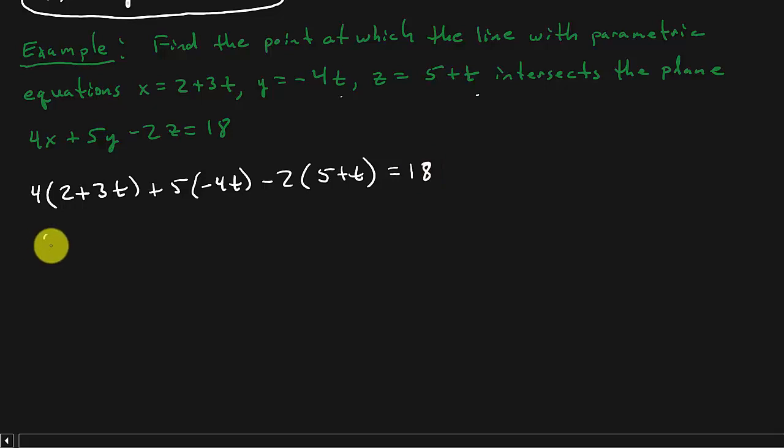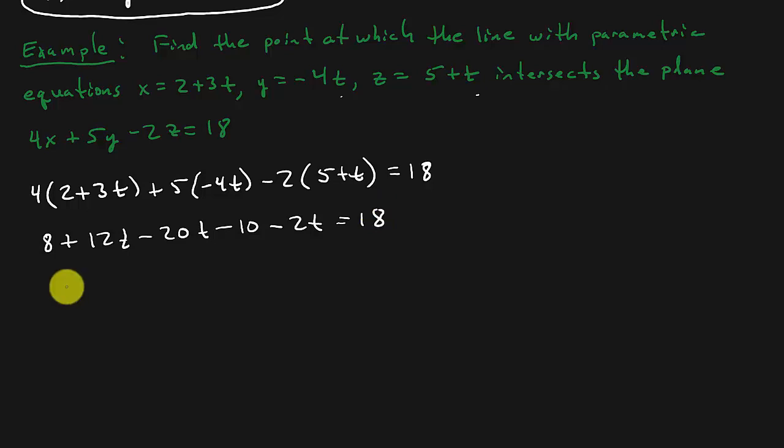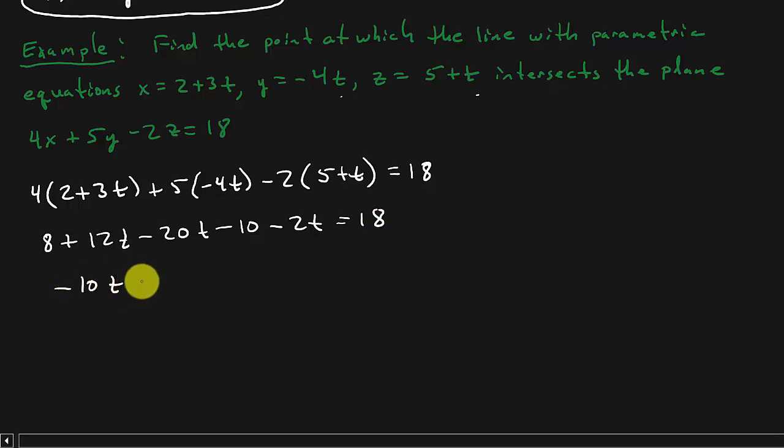All right, so we solve 8 plus 12t minus 20t minus 10 minus 2t equals 18. So combining like terms, that's going to give us negative 10t minus 2 equals 18. So t is equal to negative 2.